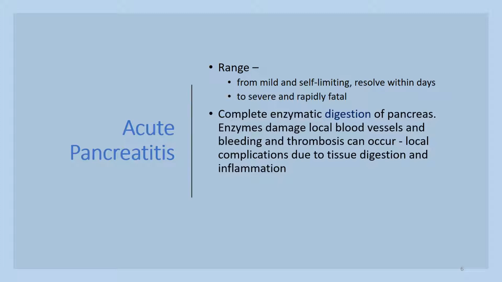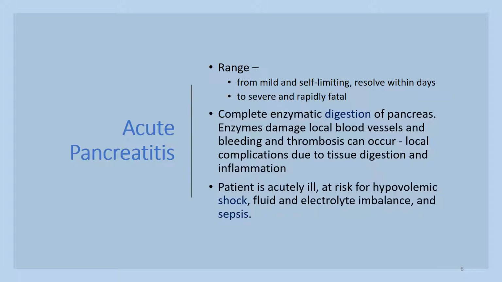So enzymes damage local blood vessels, and bleeding and thrombosis can occur. In this condition, local complications due to tissue digestion and inflammation occur. So the patient is acutely ill, in severe pain, at risk for hypovolemic shock, and also fluid and electrolyte imbalance and sepsis.